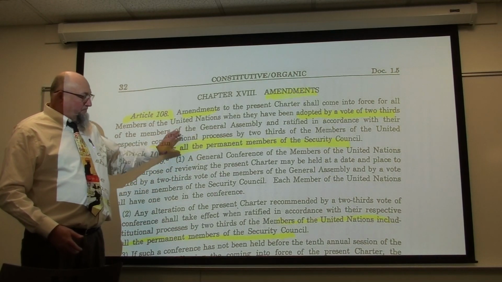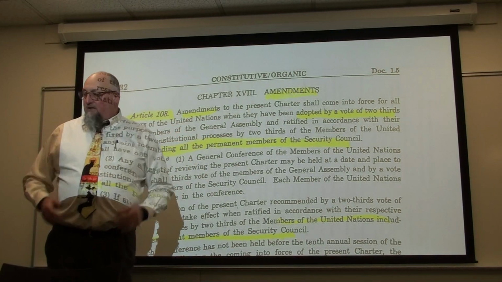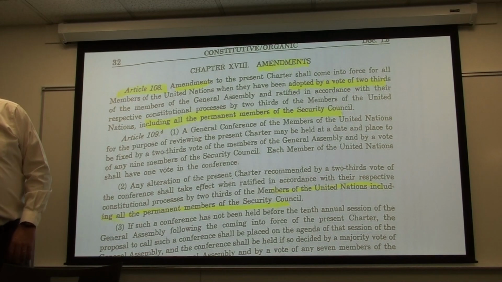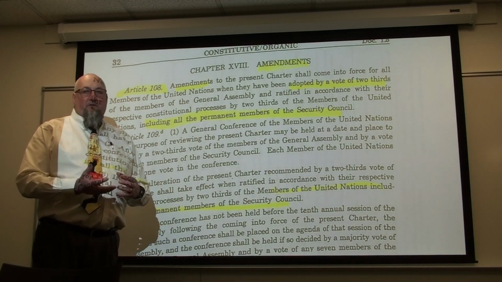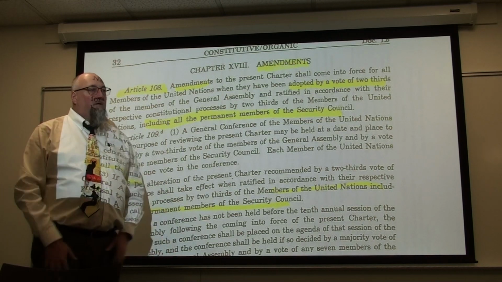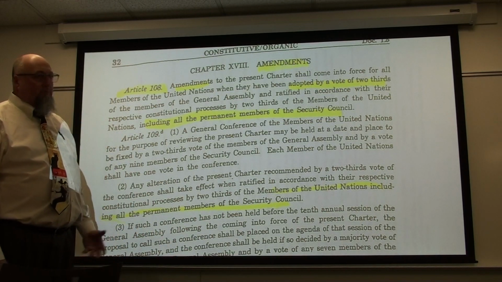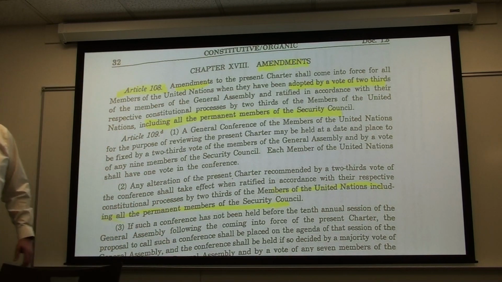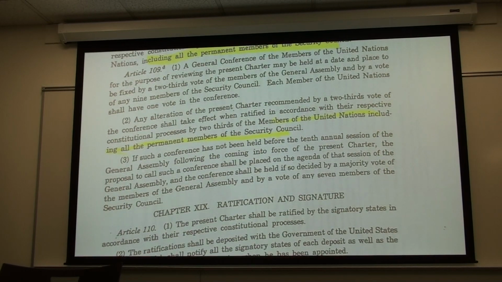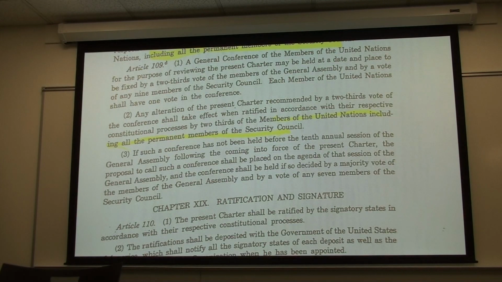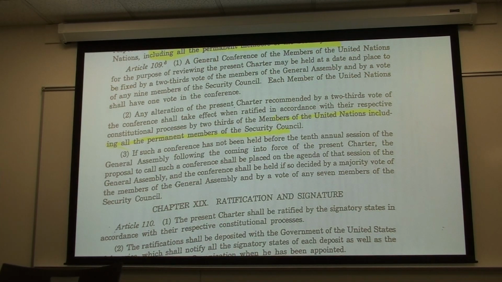So this whole idea of modifying or changing the whole way the UN is structured in that respect is really unlikely, just because as a practical matter it's almost impossible that that could occur, at least under the present environment of things. So, okay, that just follows up with that.